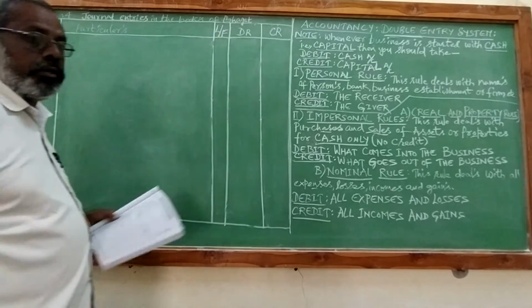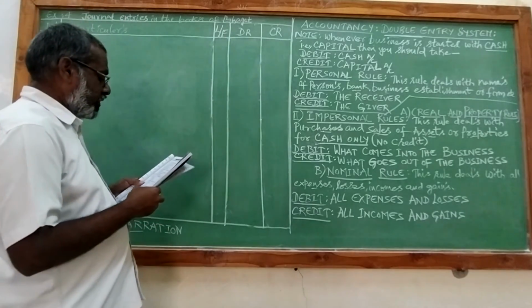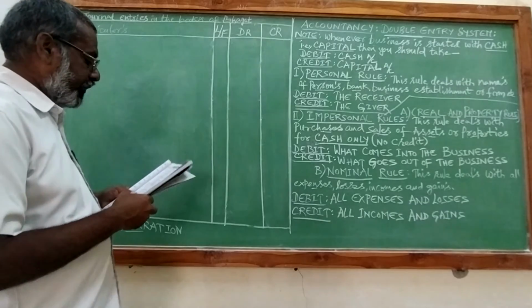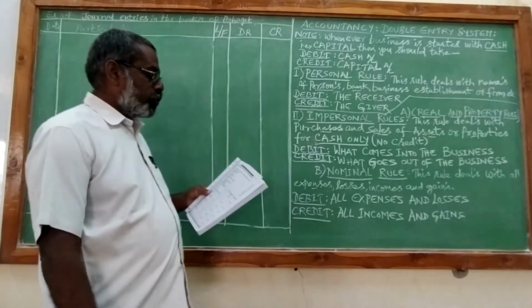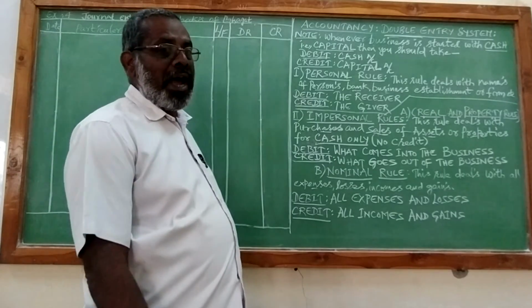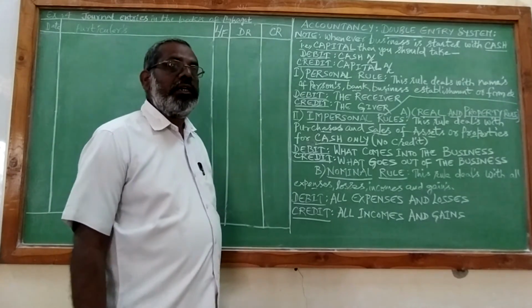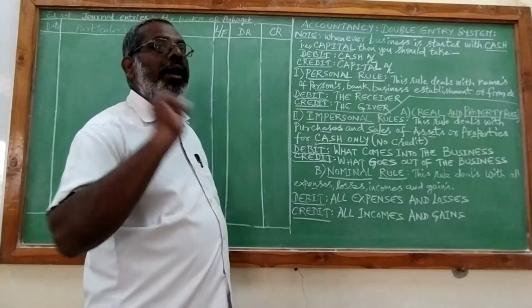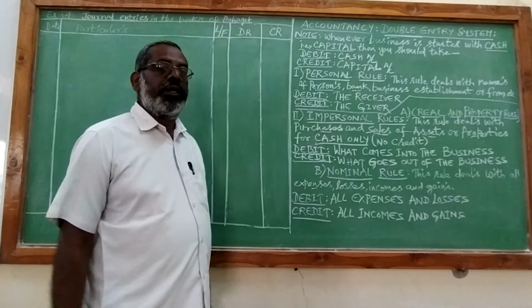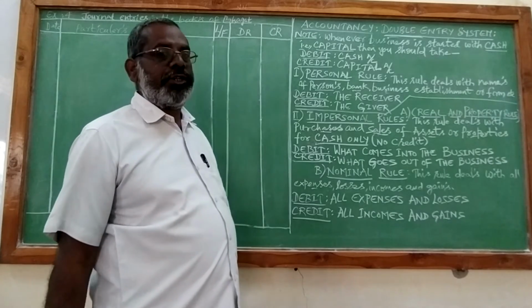So, dear students, the next transaction is on January 15, bought goods on credit from Nikhil. He has given the name, and clearly mentioned in the transaction that goods are purchased on credit. That means here no money or cash is involved.